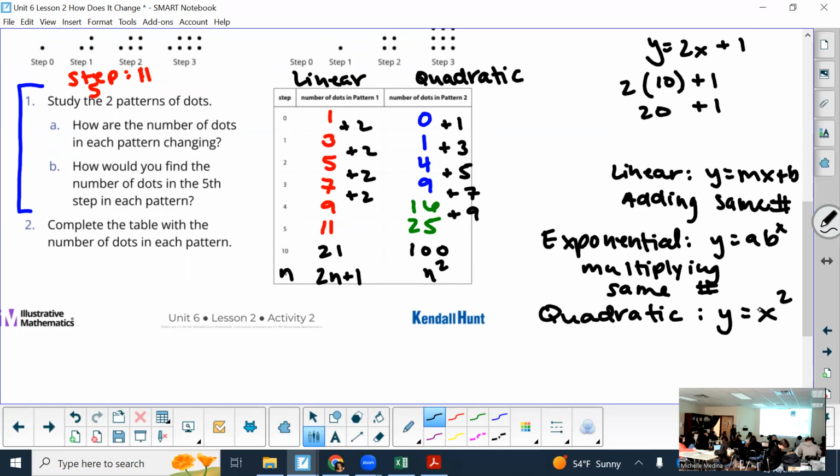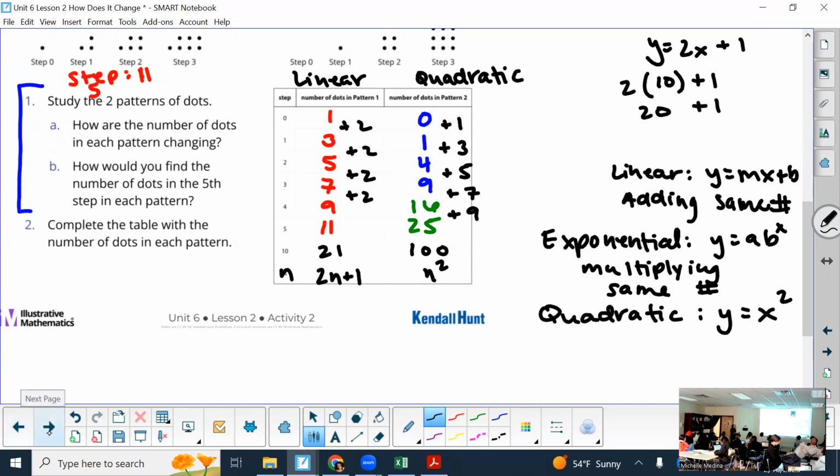So if it has an x squared in it and no higher exponent than that on an x, then it's a quadratic function. And you'll know that if it's not adding or multiplying. Okay? Questions on that? All right. So really, there's a pattern between the differences, but we'll see more examples.